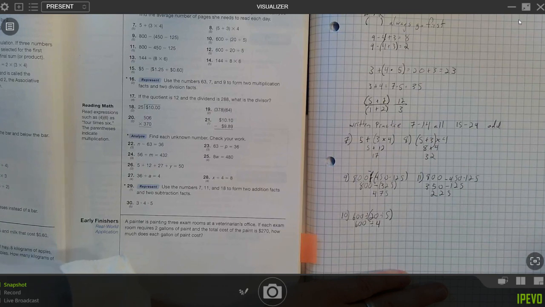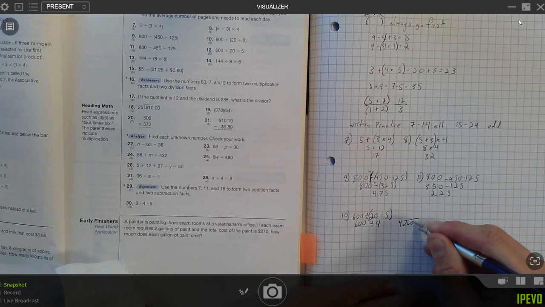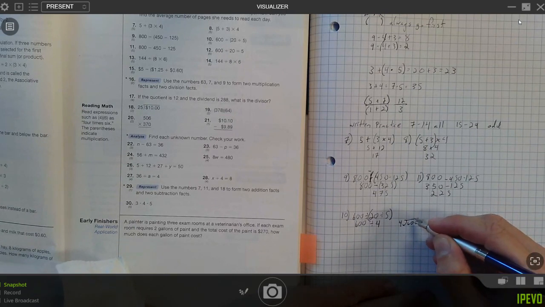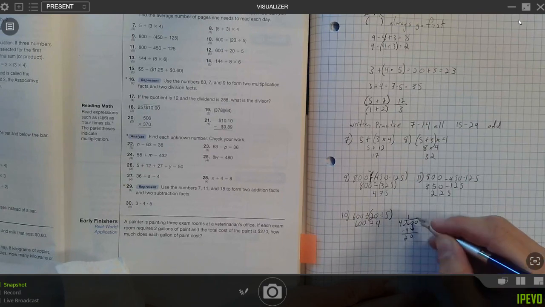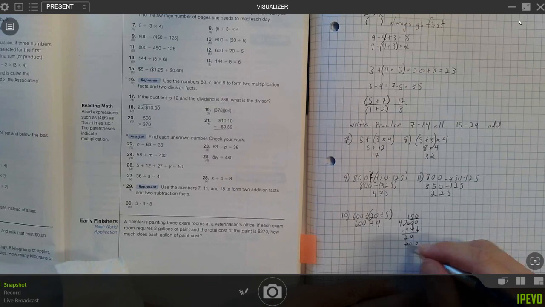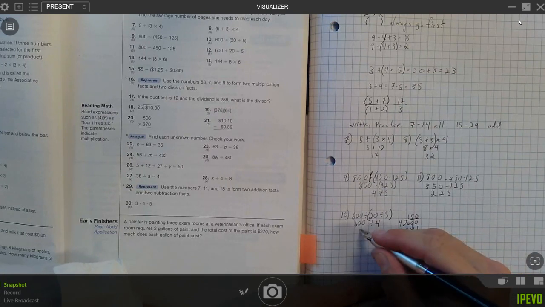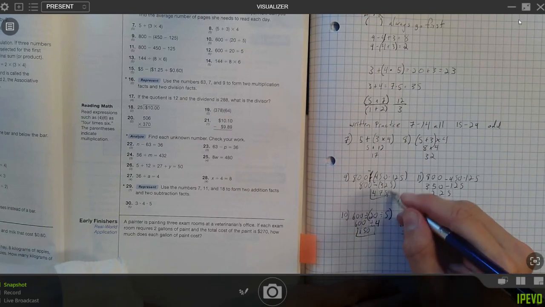I'll just do it the way I expect you guys to do it. 4 divided into 600. 4 goes into 6 one time. 0 comes down. 4 goes into 20 5 times. 5 times 4 is 20. That 0 comes down. 4 goes into 0 zero times. So 150 is our answer. So for 10, 150 is our answer.